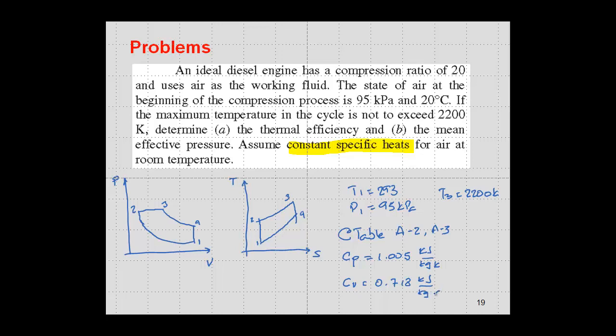These values that I am providing are at 25 degrees, well actually 300 Kelvin. And we also know that our compression ratio is 20. What we are looking for is the efficiency and the mean effective pressure.